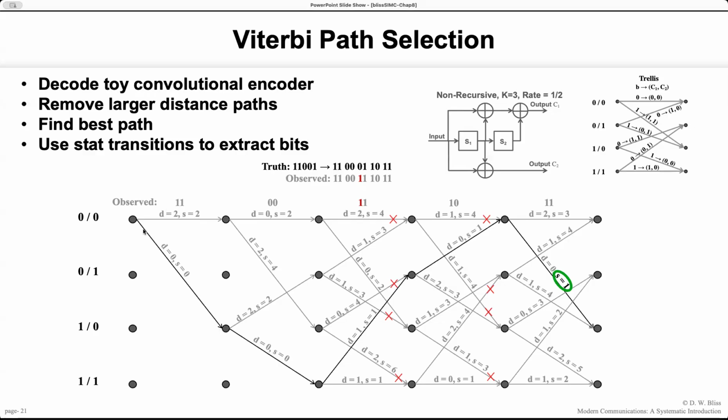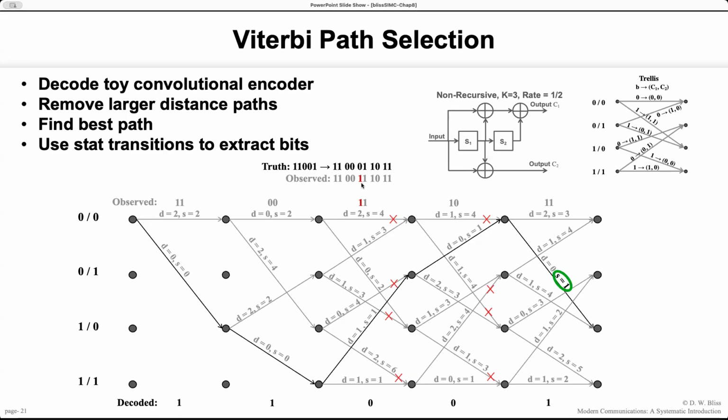And if we know the path, remember each one of these state transitions of this path corresponds to a particular input bit, then we can reconstruct what the corrected input sequence is. In this case, we decode 1, 1, 0, 0, 1. And we have successfully decoded and corrected for the error in the observed sequence.